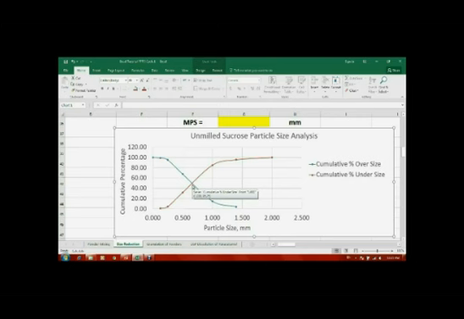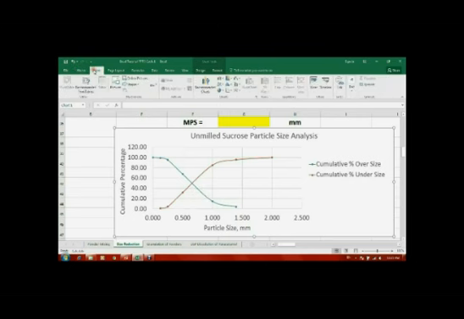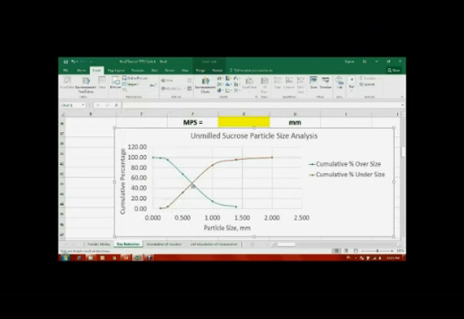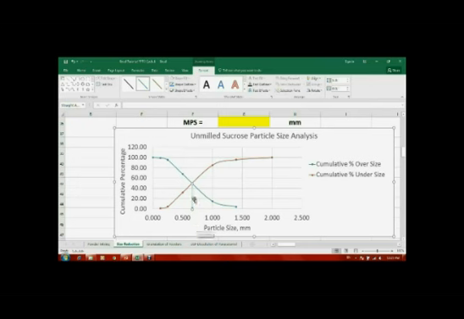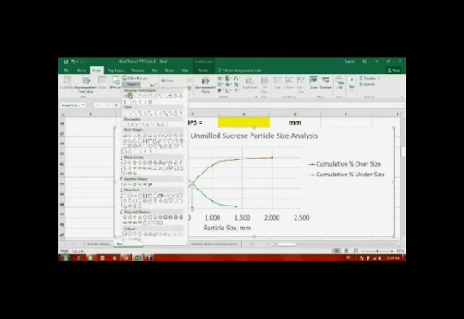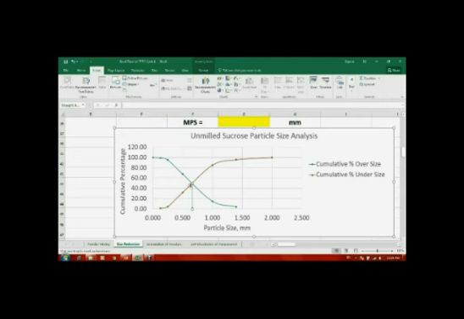Then the x-coordinate of the intersection point is 50%, and the y-coordinate is the median particle size. Here I'm trying to enlarge the chart to make it easier for you to figure out the points I'm talking about.